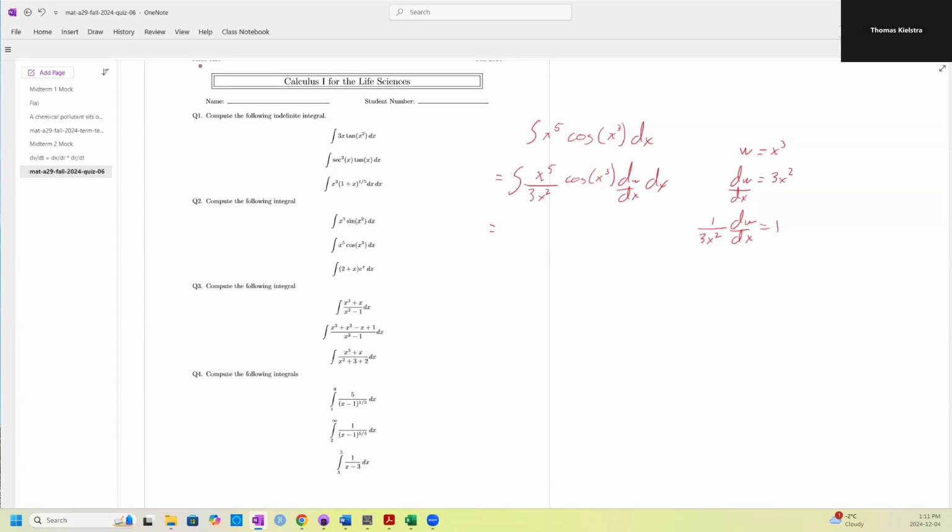which equals 1 over 3 the integral of w cos w dw by dx. Now they let u equal w, dv equal cos of w, du equal 1, v equals sine of w.